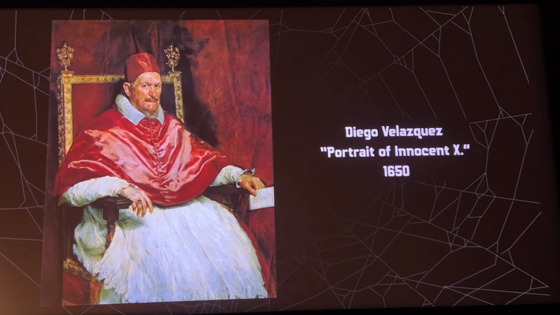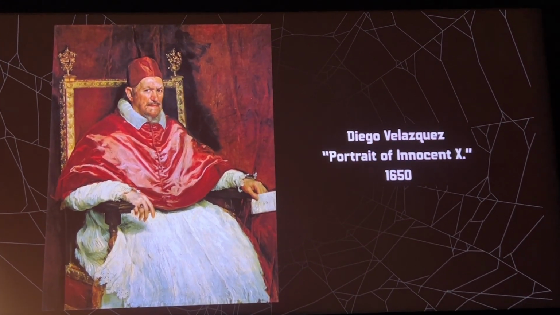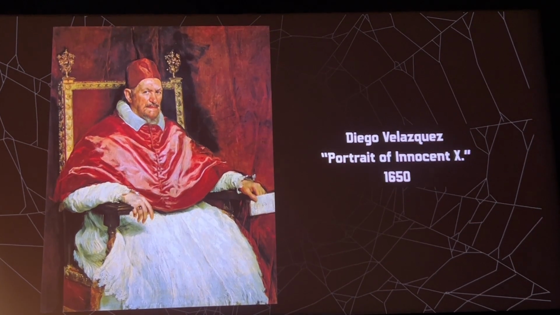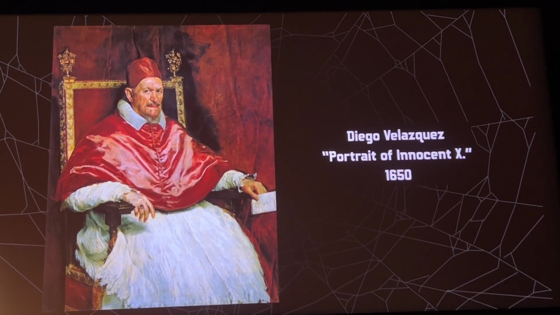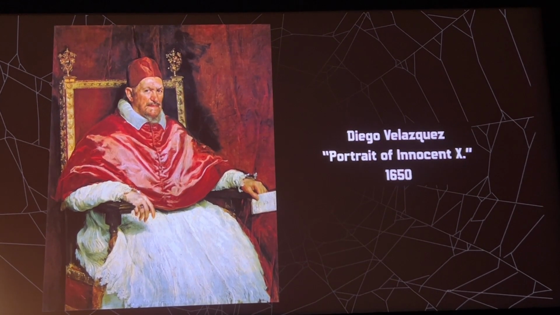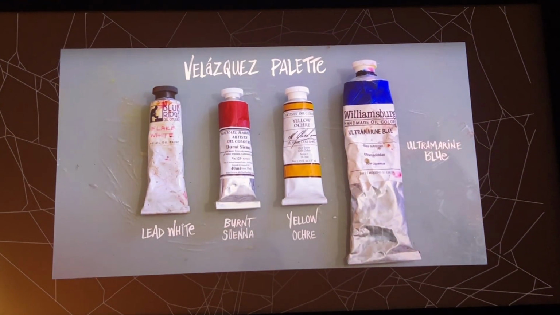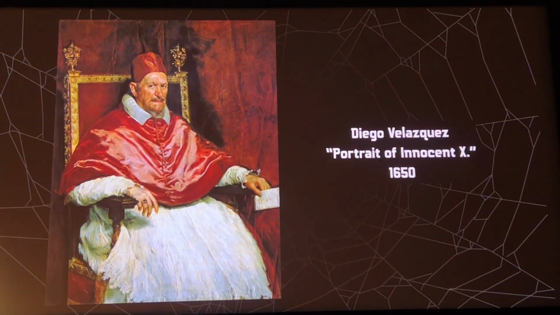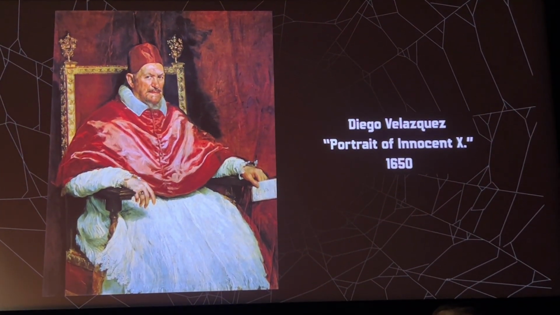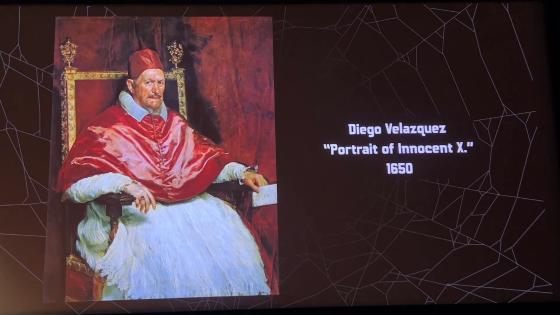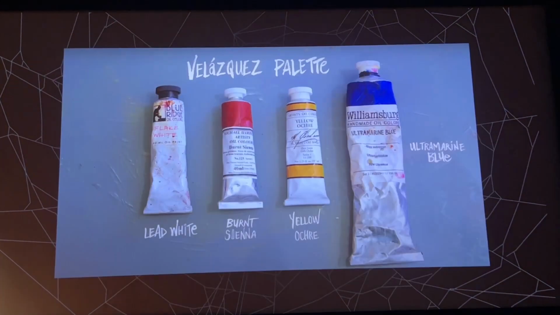For example, Diego Velázquez: you might be surprised to know that the colors in this painting are derived from 4 primaries, these 4 colors, right? Looking at it, you might not know it, but your brain is automatically accepting that and filling in any gaps of information that might exist.